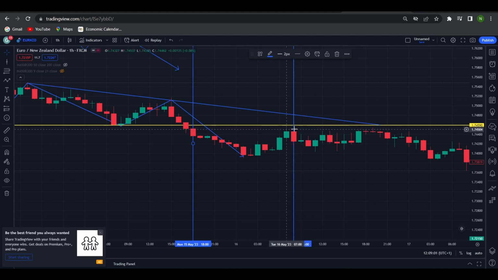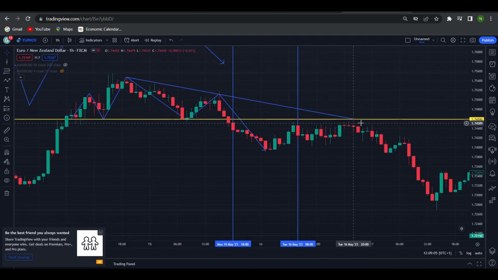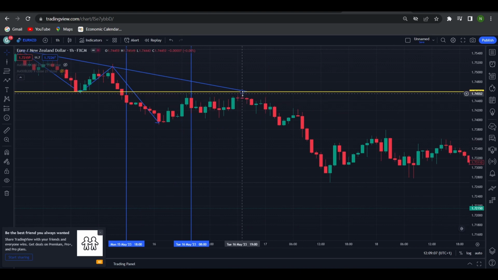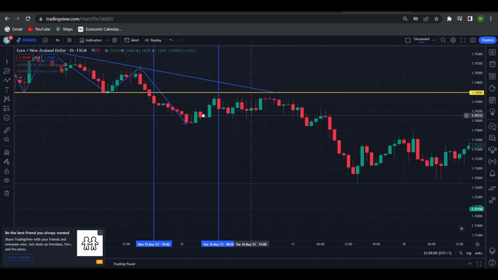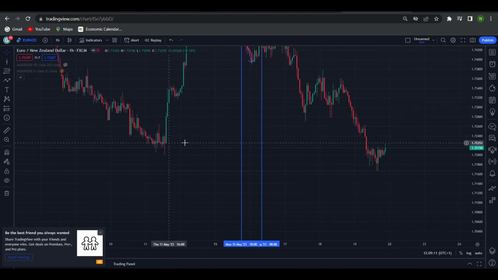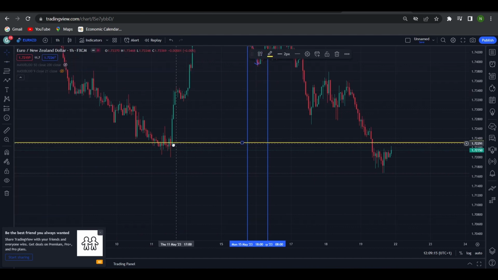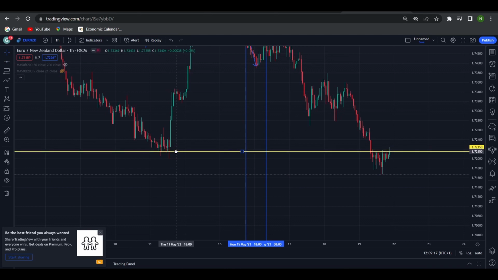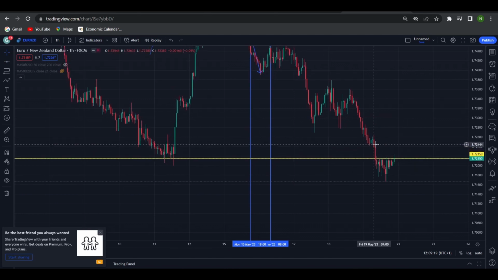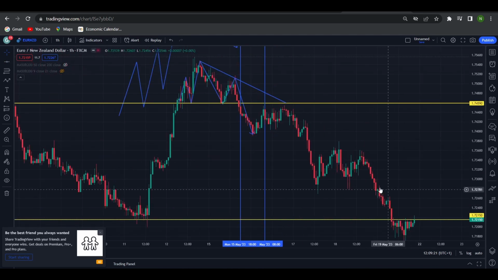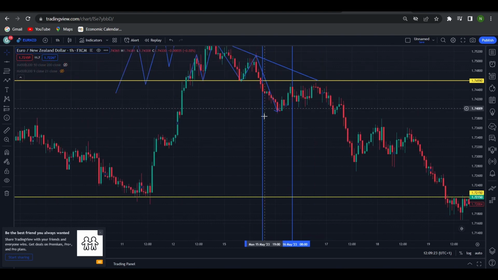You can see that we got a retest somewhere around this area, and eventually price dropped down after another retest and reached my take profit, which was around this area, and you can see that it broke through that and got my take profit.